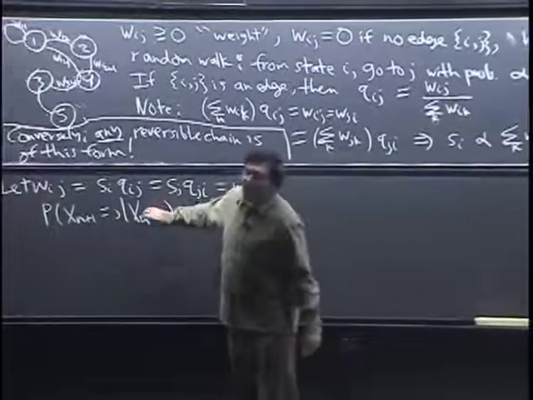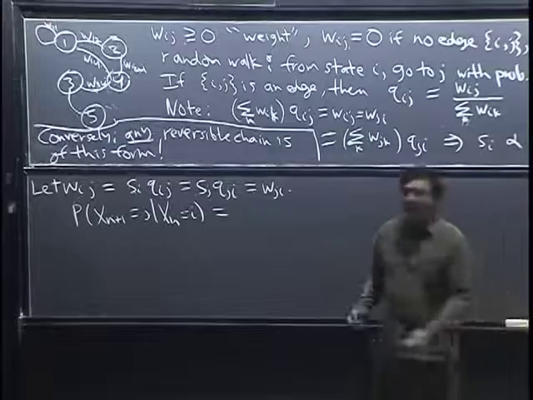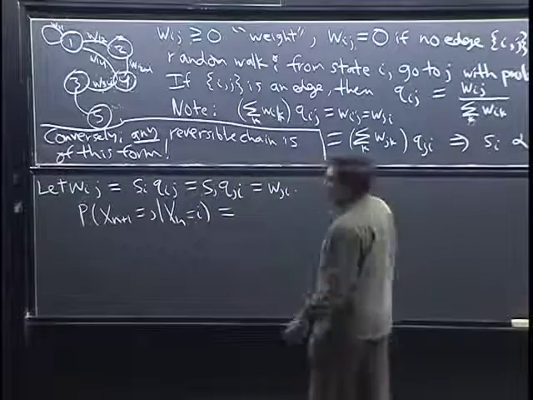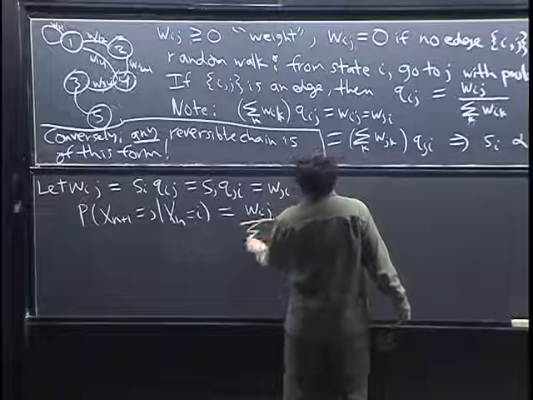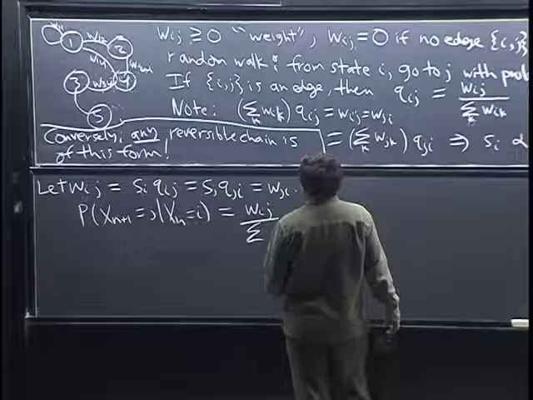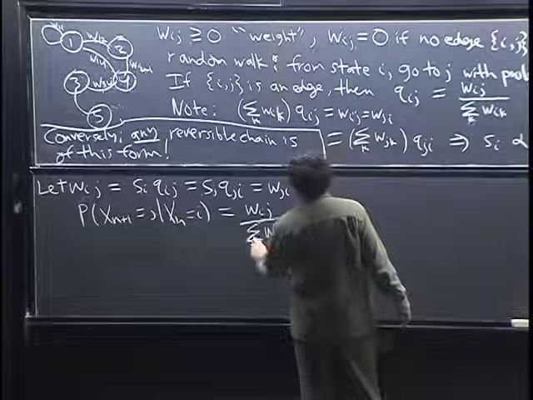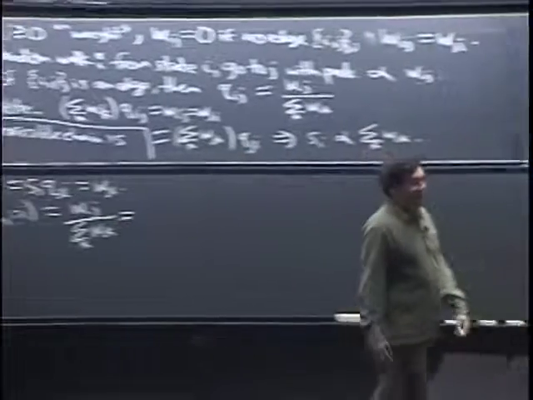We're at state i, we look at all the available edges and their weights, and we choose to go to j with probability proportional to Wij. That's the definition of the random walk. So the probability is Wij over the sum of Wik over all k.